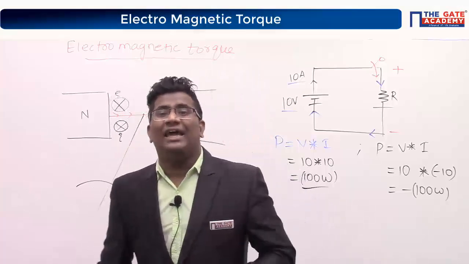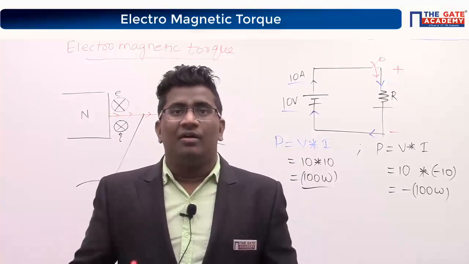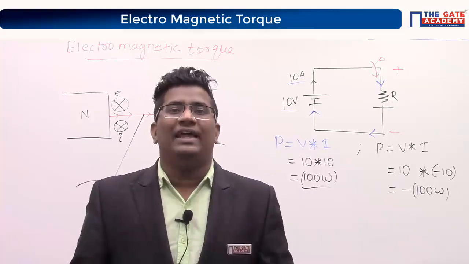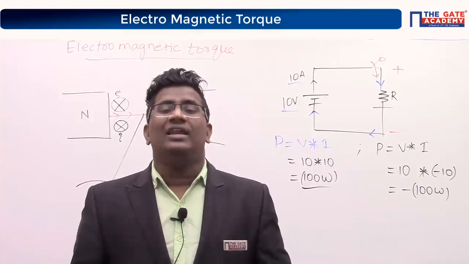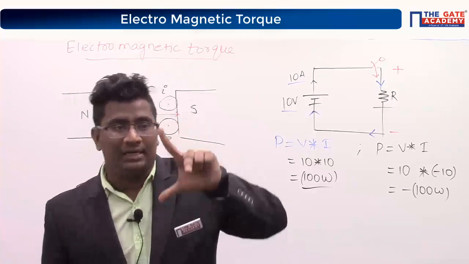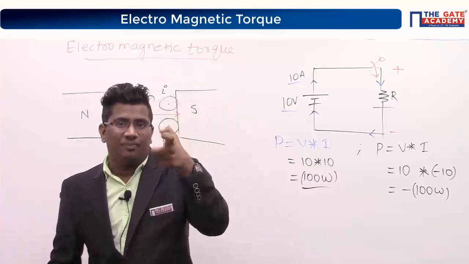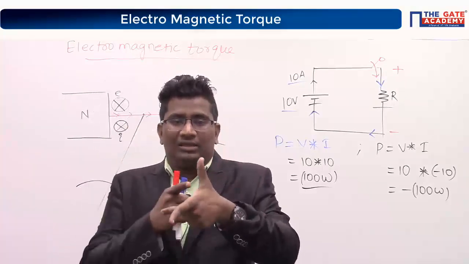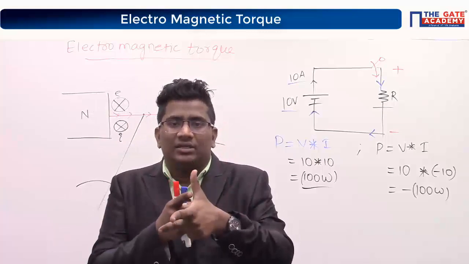How to identify the direction of force? By which law? By which rule? The direction of force is identified by Fleming's left hand rule. Look at that. The three fingers are mutually perpendicular to each other. Again I'm repeating, Fleming's left hand rule.